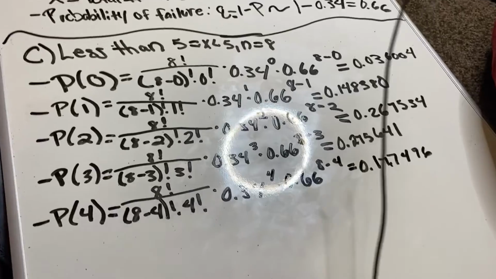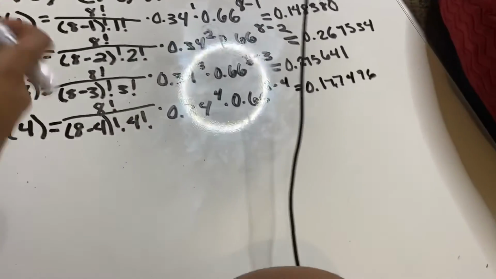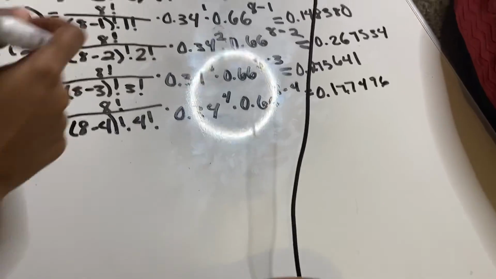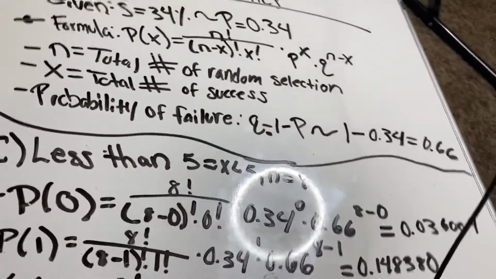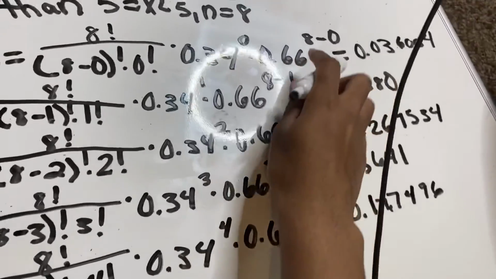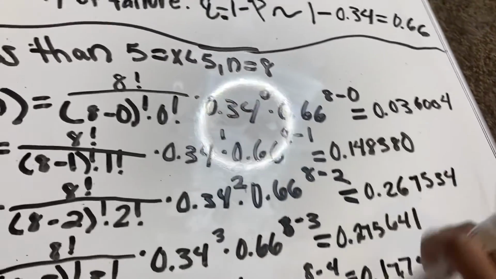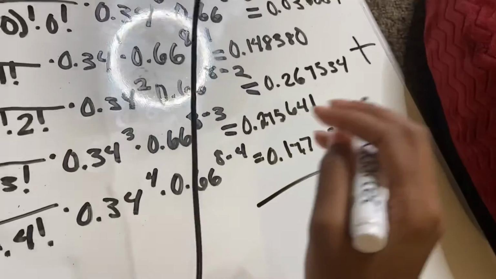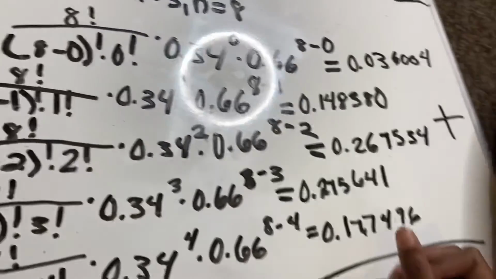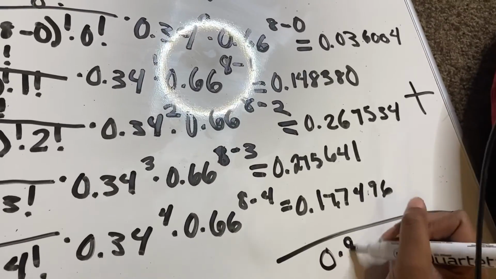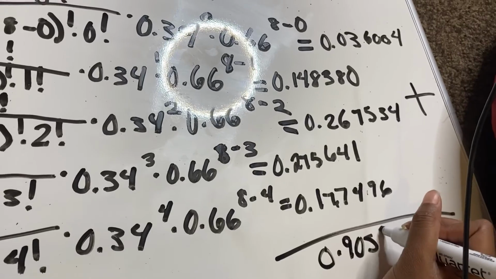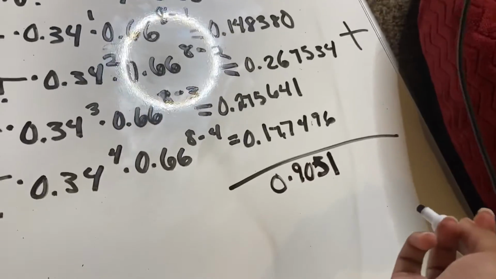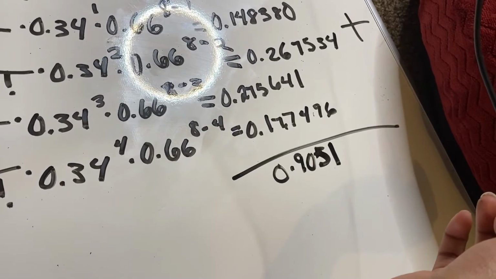Okay, so once you have plugged all your numbers 0, 1, 2, 3, and 4 into the formula that we originally gave you, you're going to get all your amounts, and then you're going to add them together. You're going to get the total of 0.9051.